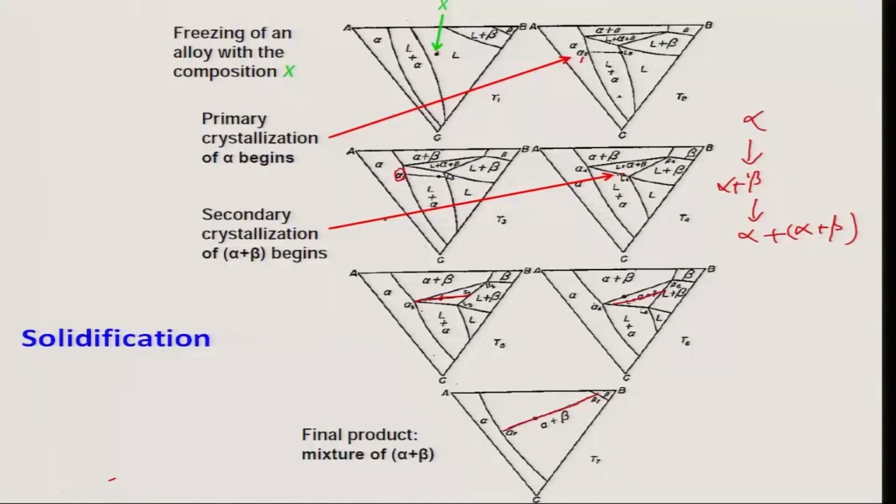At T4 it moves from this liquidus line into the 3 phase field, between the 2 phase liquid plus alpha and liquid plus alpha plus beta. As it hits that point it forms beta by eutectic reaction. More and more eutectic forms, and finally you have alpha as dendrites and the other constituent is the eutectic of alpha plus beta.